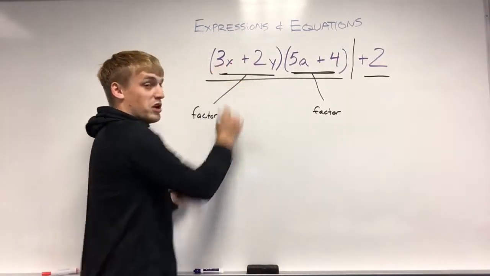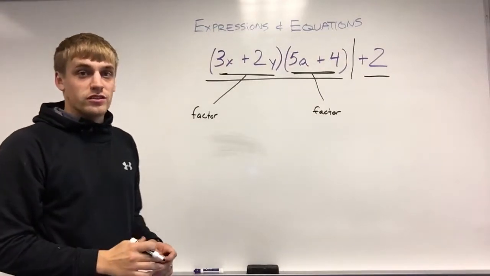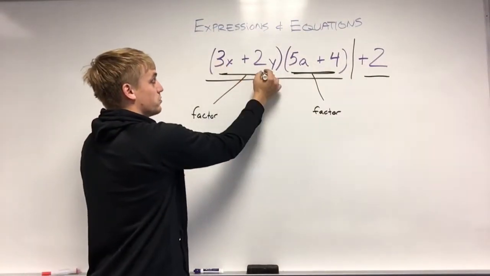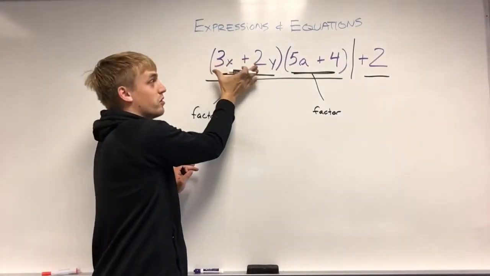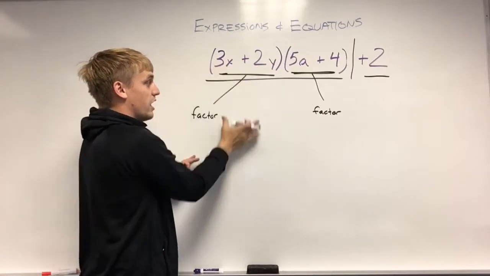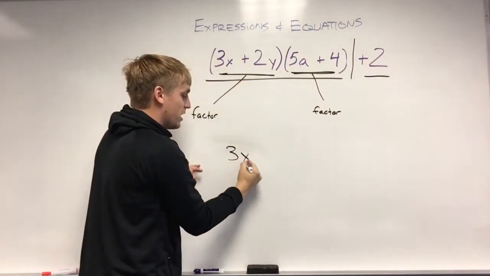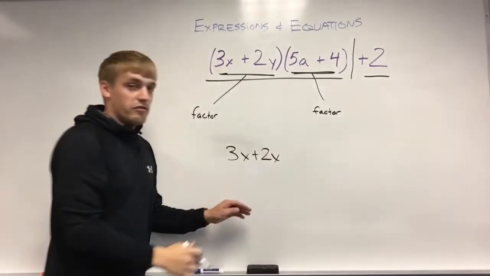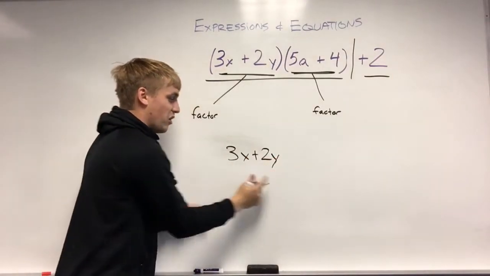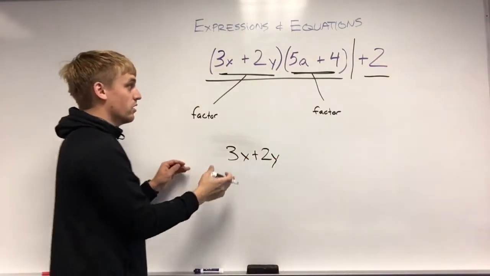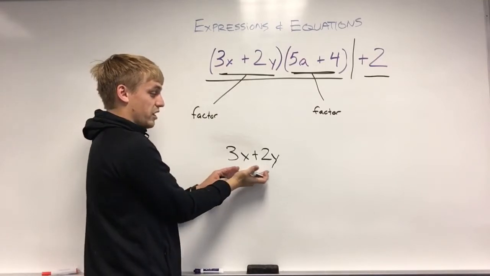There's actually an expression inside the expression. Okay, so we look at this expression inside this set of parentheses. If we took that out and just wrote it all by itself, we can identify the parts to that expression. Okay, so I'm going to identify the parts to this.